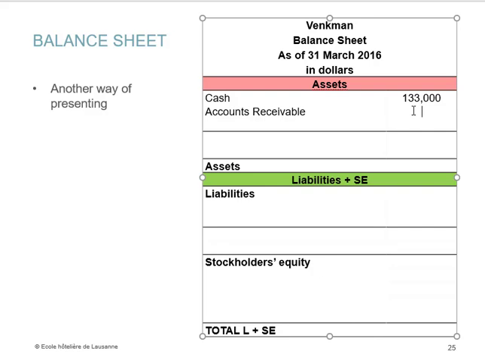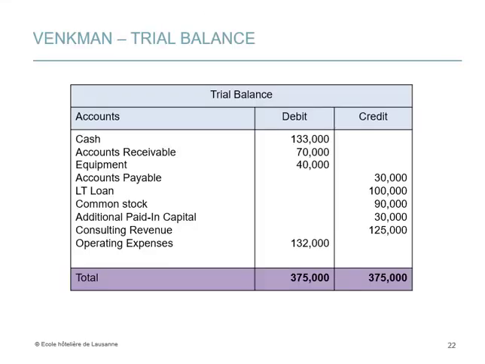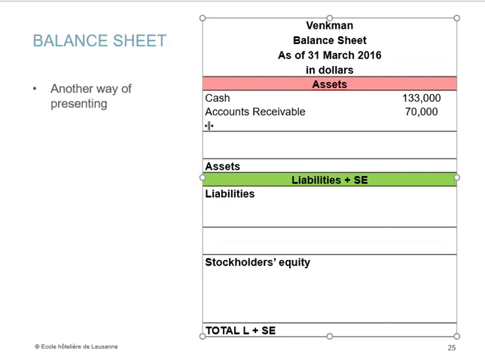Accounts receivable we have for 70,000. And basically it's what we have for total current assets. Total current assets gives us the sum of these two amounts, 203,000.